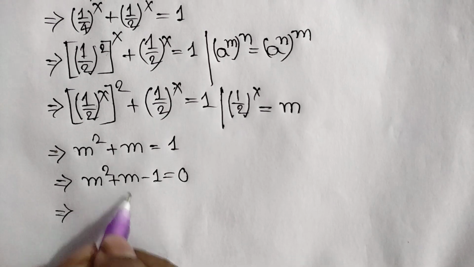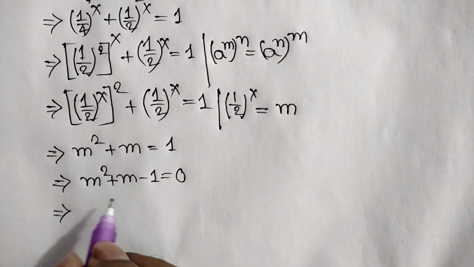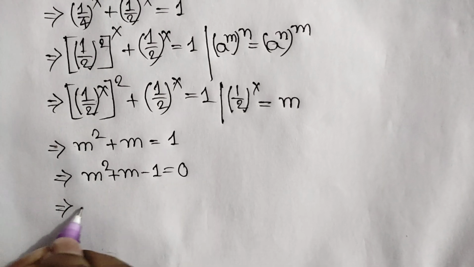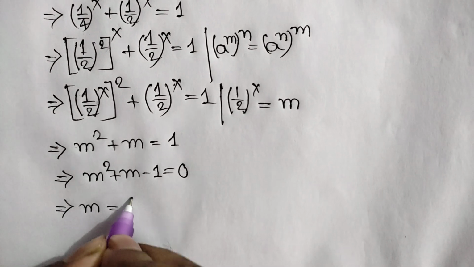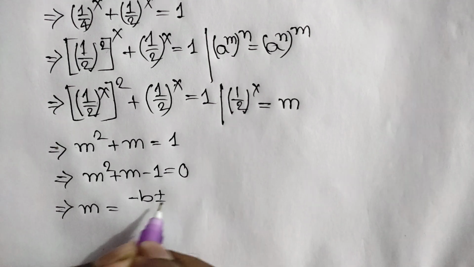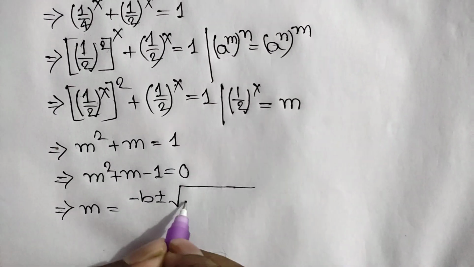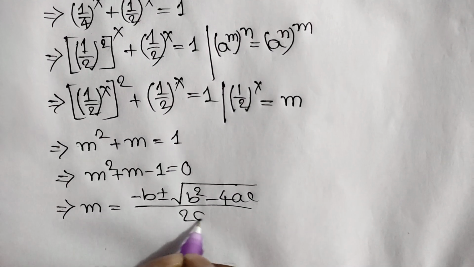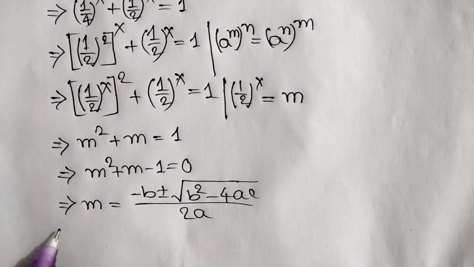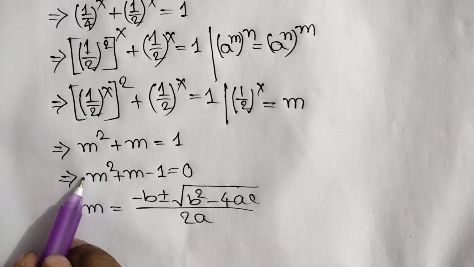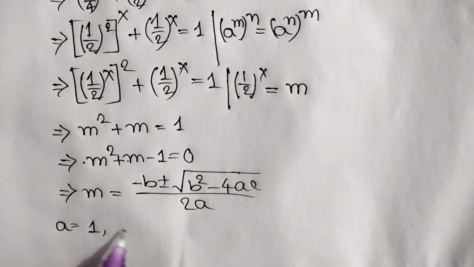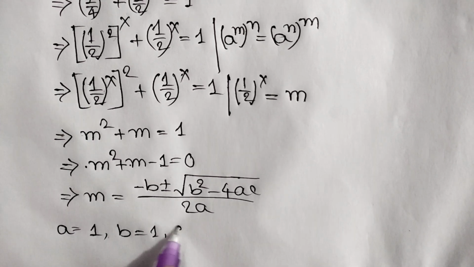Now here we can apply the quadratic formula, so we can write m is equal to minus b plus or minus square root of b square minus 4ac over 2a. Here a is equal to 1, b is equal to 1, and c is equal to minus 1.